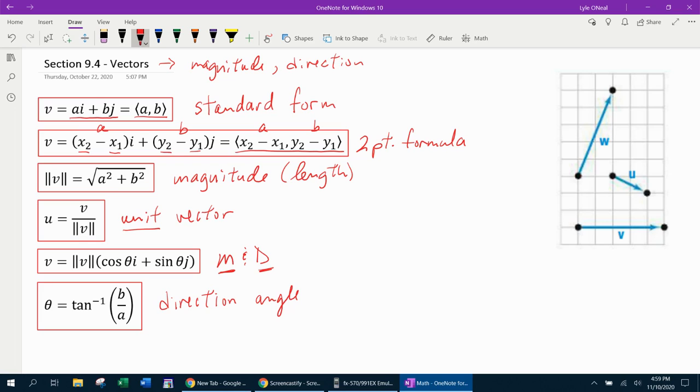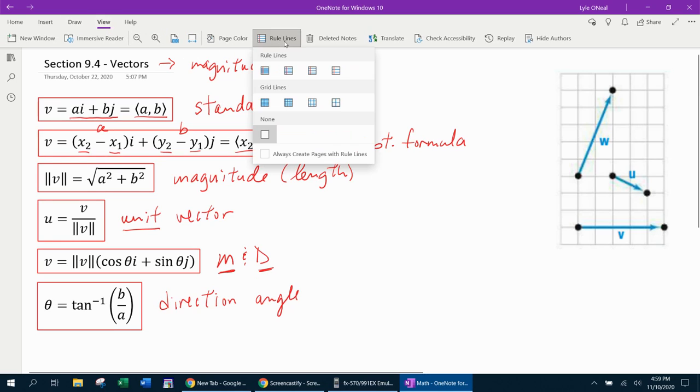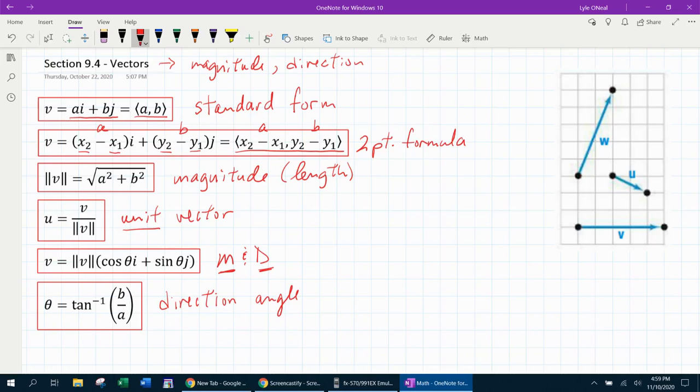And the first couple of examples that we're going to deal with have to do with graphing. And so what I'm going to do is I'm going to turn on my graph paper. The first example, it gives us all of these vectors over here, u, v, and w, and it says to find v plus w.